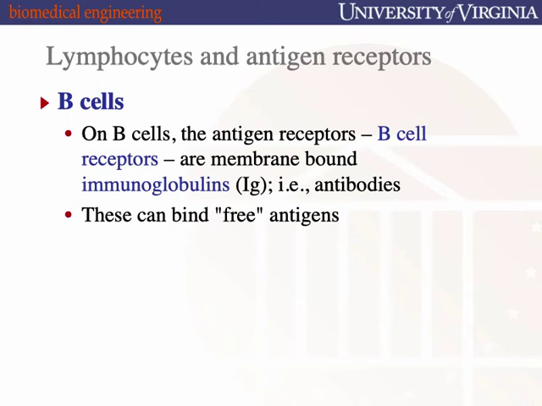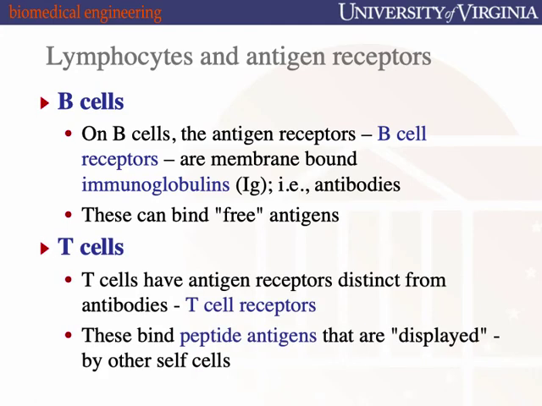Meaning there's a bacteria that's just hanging around, that B cell can recognize it, right? Or a protein, a bacteria has been chewed up and spit out. The B cell receptor can bind that free-floating antigen, right? That soluble antigen. That's distinguished from T cells and the T cell receptors, okay?